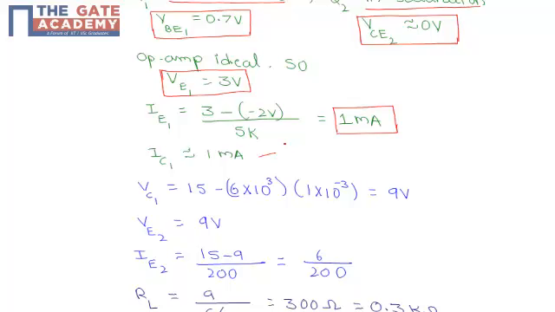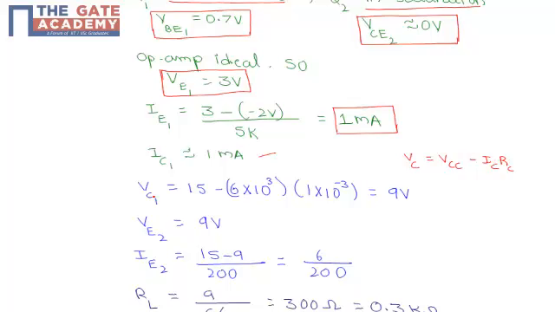Now calculate VC1, that is the collector voltage in transistor 1. We know the general formula for calculating collector voltage: VC is equal to VCC minus IC into RC. VCC is the supply voltage, IC is the collector current and RC is the collector resistance.